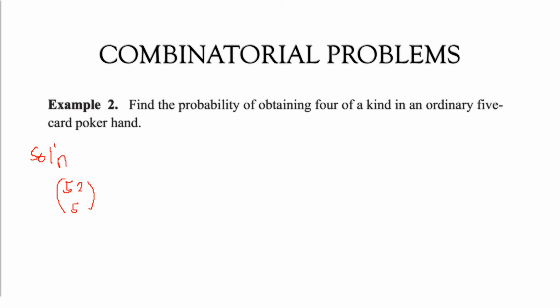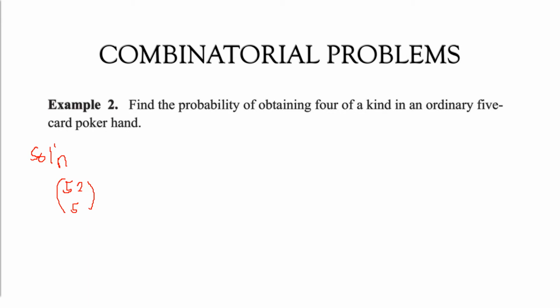And so we may take the sample space to have 52 out of 5 points. To obtain the number of hands in which there are 4 of a kind, we have to choose the face value to appear 4 times. So there are 13 choices. We have the ace, the king, the queen, up to 2.